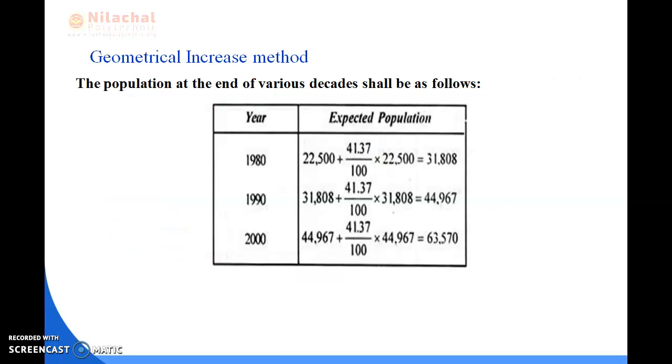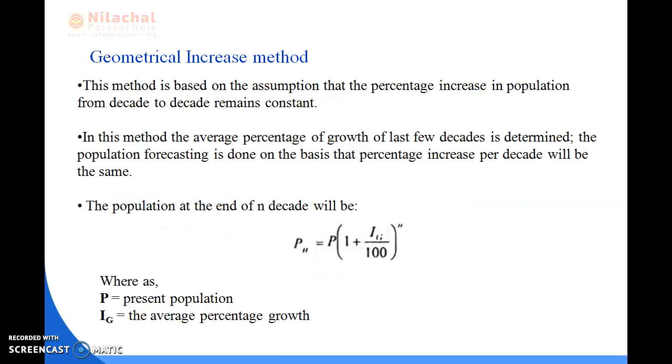And here is a formula I have told you about for the geometrical increasing method: Pn equals P into (1 plus Ig by 100) to the power n.